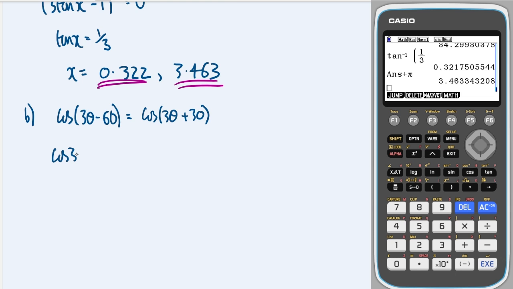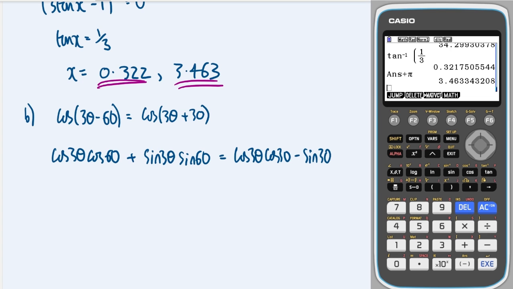So that gives us cos 3 theta cos 60 plus, so we always swap the sign over for cos, sine 3 theta sine 60 is equal to cos 3 theta cos 30 minus sine 3 theta sine 30.